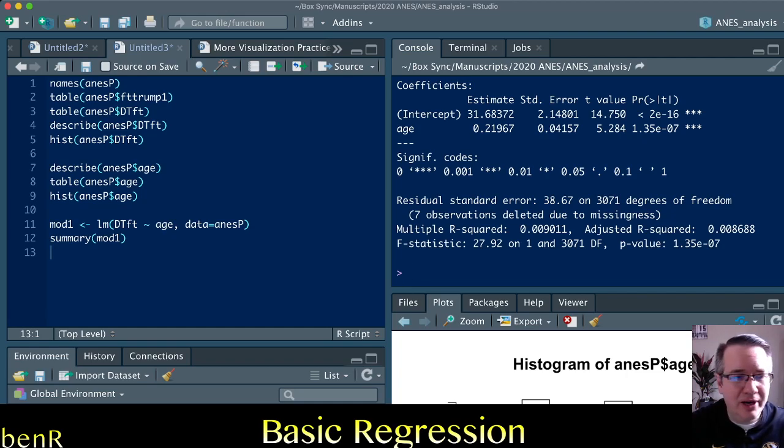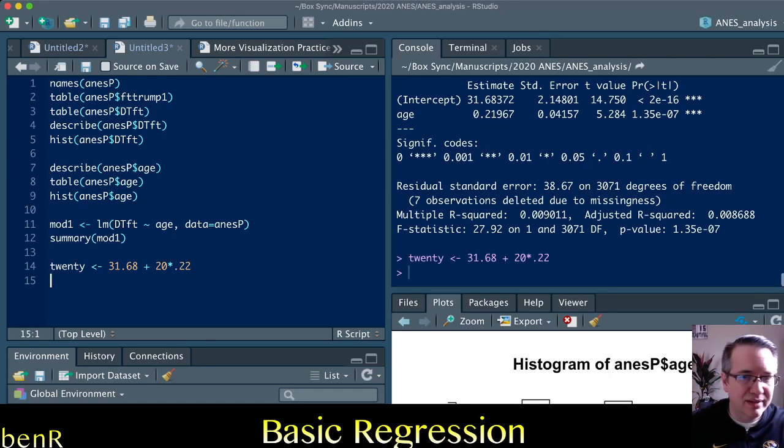We can also use what we know about regression equations to illustrate the effect of age a little bit more. We could say, for example, for 20-year-olds, so we'll call this 20, it would be 31.68, which is the intercept, plus 20 years old times the slope, or the coefficient, 0.2, we'll round up to 0.22.